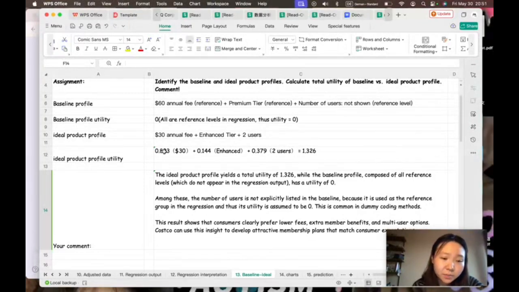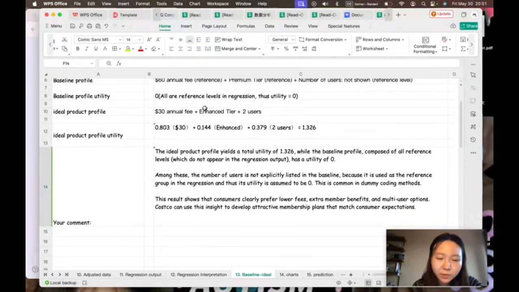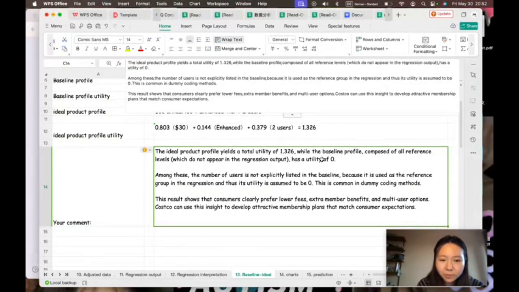The ideal product profile is a $30 annual fee, the enhanced tier and 2 users: 0.803 is the fee utility, plus 0.144 is the enhanced tier's utility, plus 0.379, which is the 2 users utility, equals 1.326. This ideal profile yields a total utility of 1.326, while the baseline profile composed of all reference levels, like 3 users, which do not appear in the regression output, has a utility of 0.